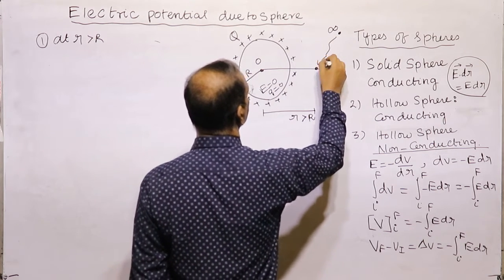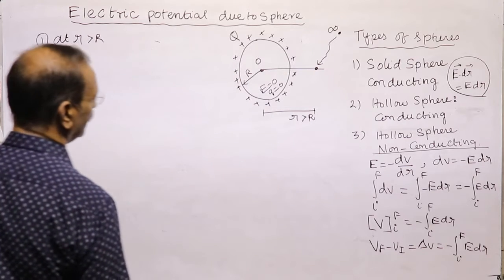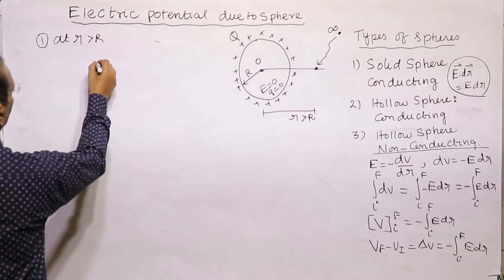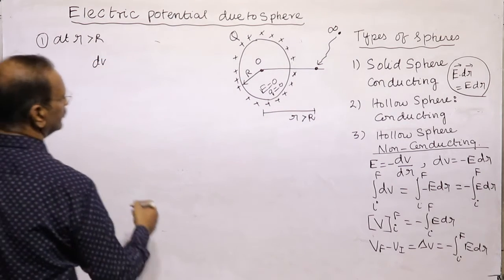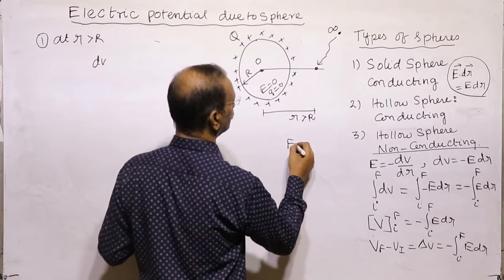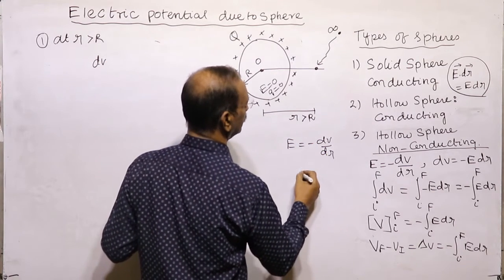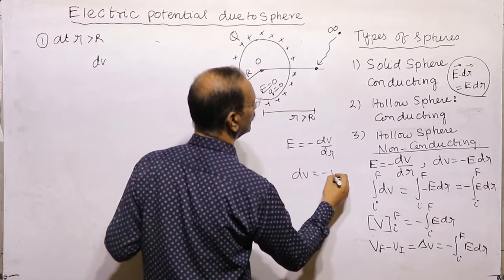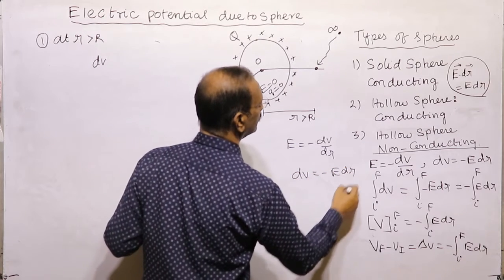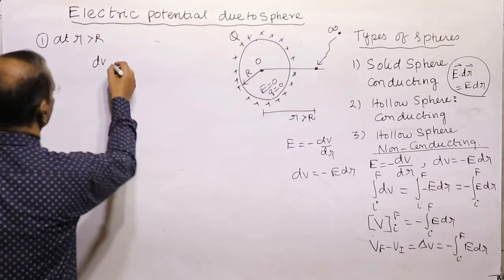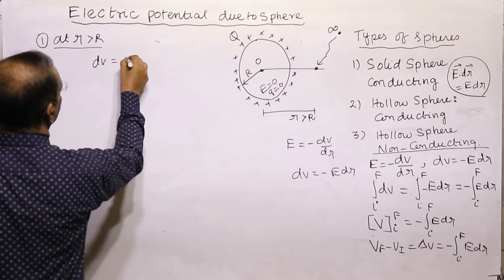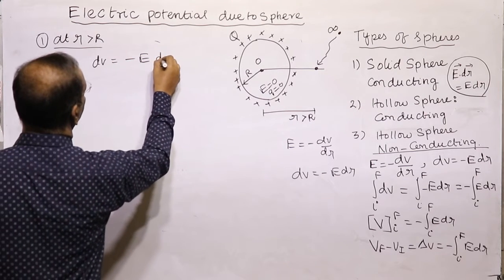So what can we write? Since E is equal to minus dV by dr, dV is equal to minus E into dr.